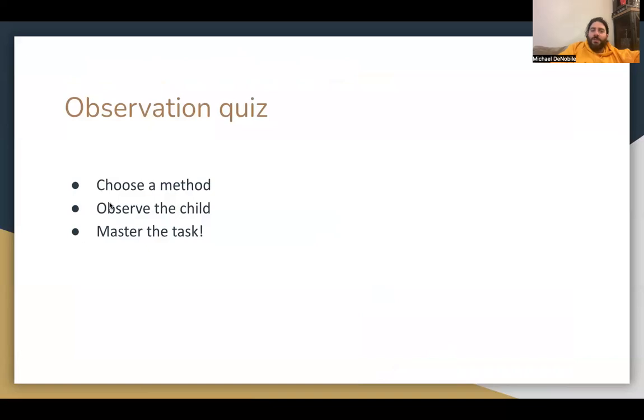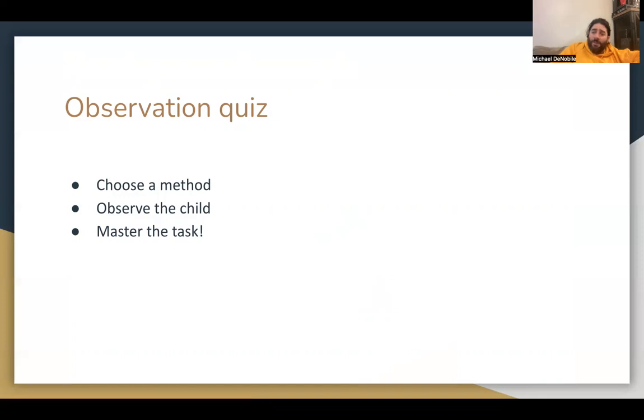All right, this brings us to the quiz that you're going to be doing for this particular module. You're going to choose a method. You're going to observe the child, and you're going to master the task. Don't worry, I'm not asking you to go and find a random child to observe. There's videos as part of the quiz. You're going to choose the method based off of what the task is asking you to do.